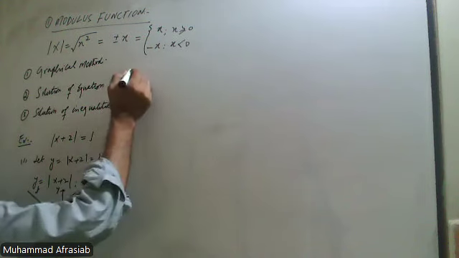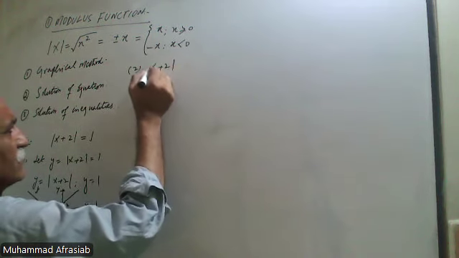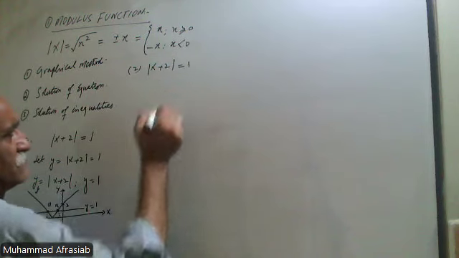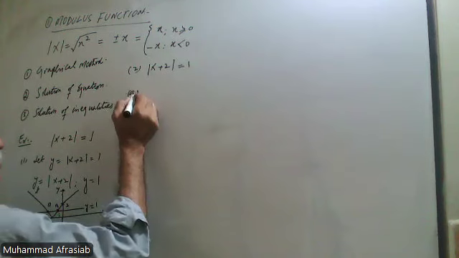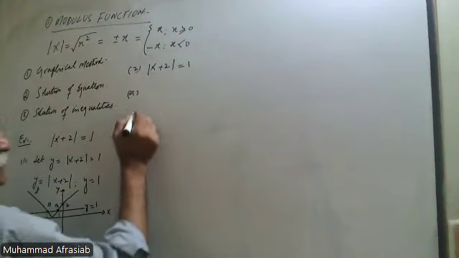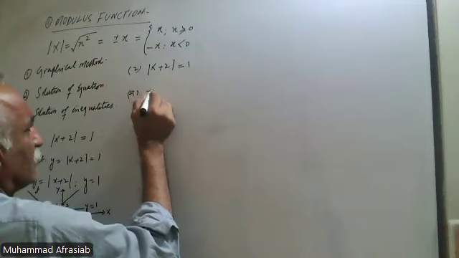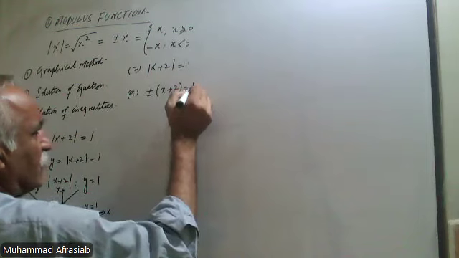The second method: |x + 2| = 1. You have two options here. First, |x| = plus or minus x. So when we remove this modulus, we use plus or minus (x + 2) = 1.